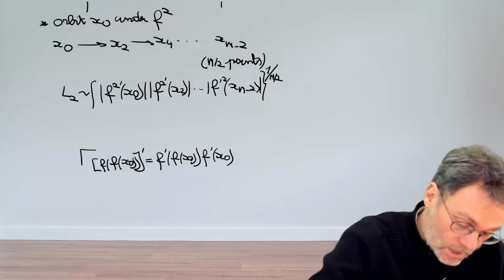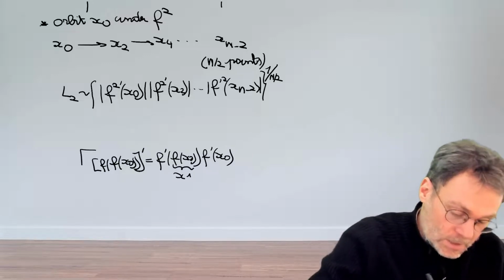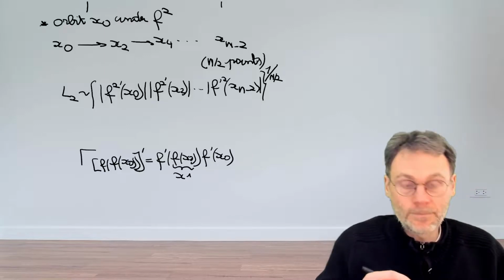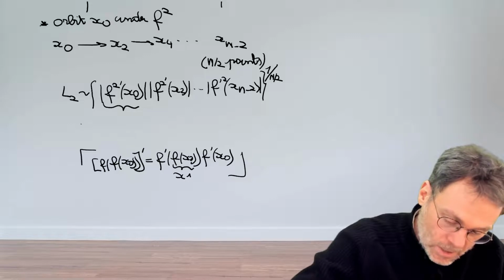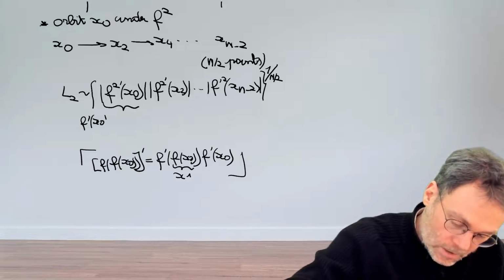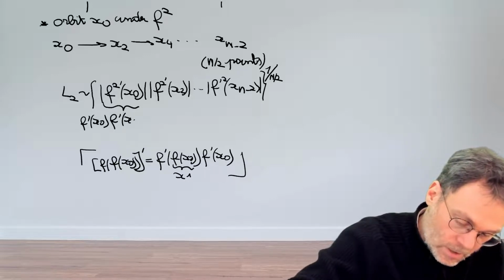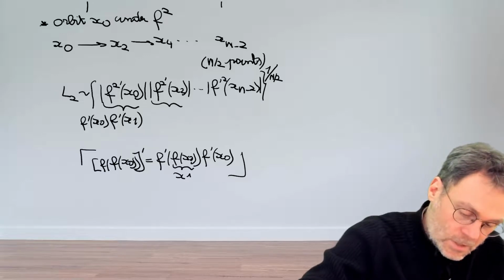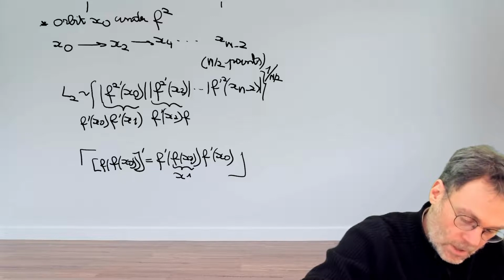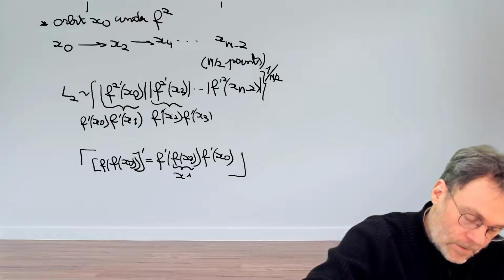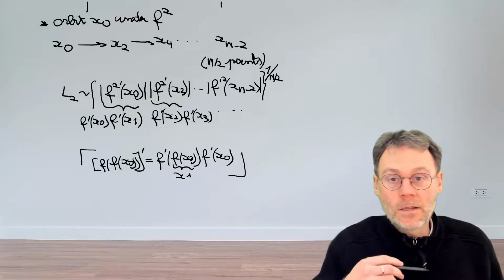And we know that f of x0 is x1. So basically, knowing this, we can write this thing here as f prime x0, f prime x1. And then for the next thing, we're going to write f prime x2, f prime x3. And we can keep on playing that game.